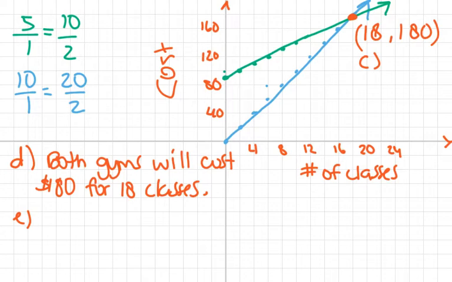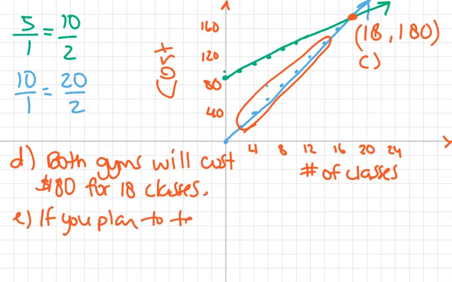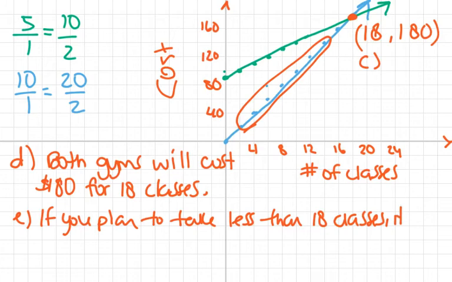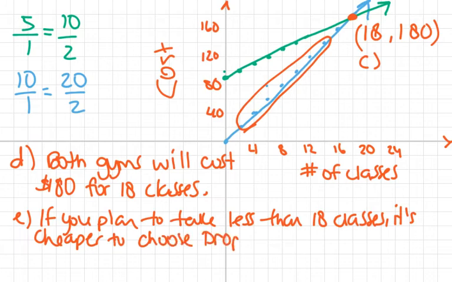E says, how would you advise someone who's trying to choose between the two fitness clubs? So, if you plan to take less than 18 classes, it's cheaper to choose Drop-In Fitness.